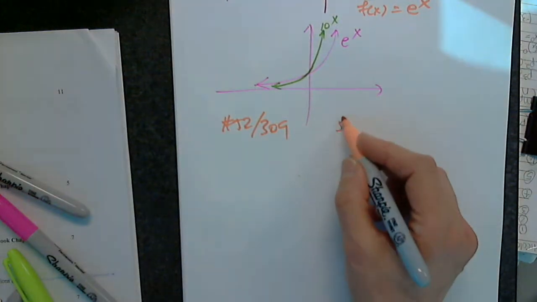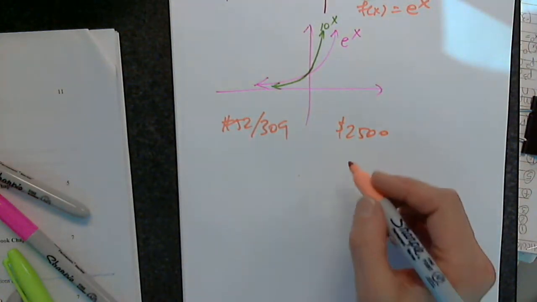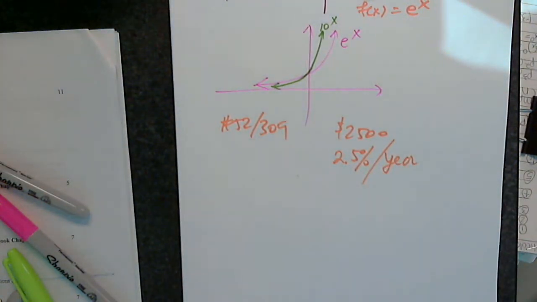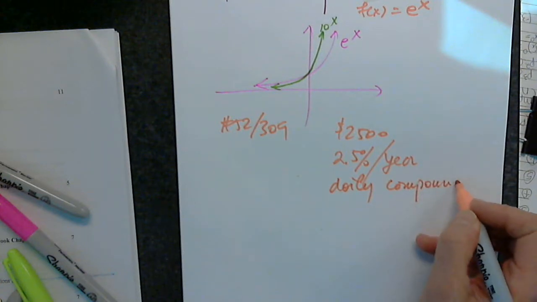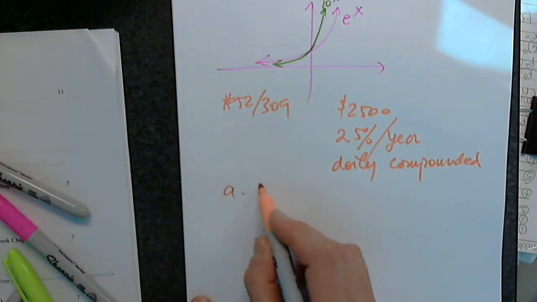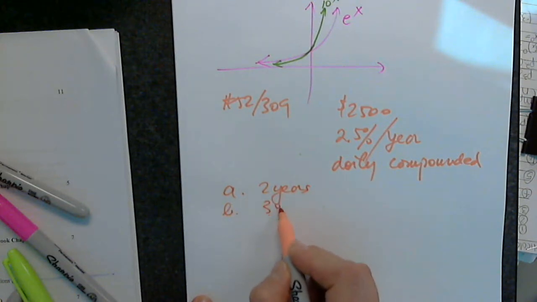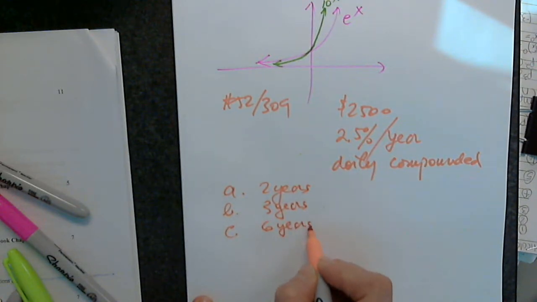If $2,500 is invested at an interest rate of 2.5% per year, annual interest, compounded daily, find the value of the investment after the given number of years. A, after 2 years. B, after 3. And C, after 6 years.